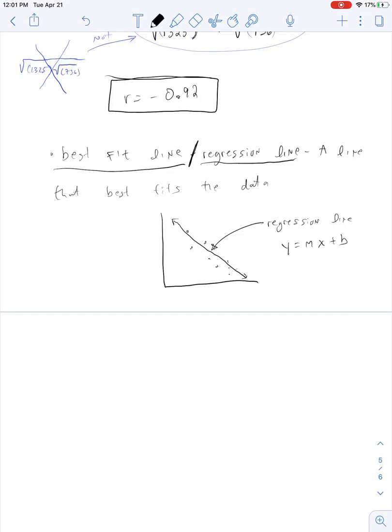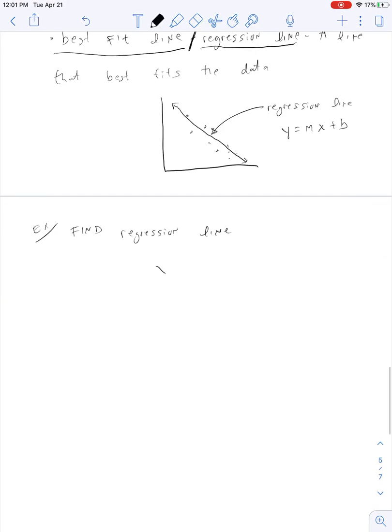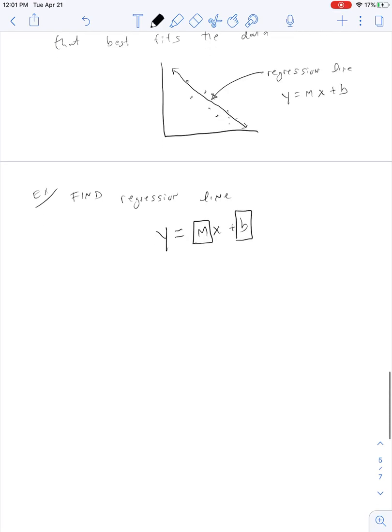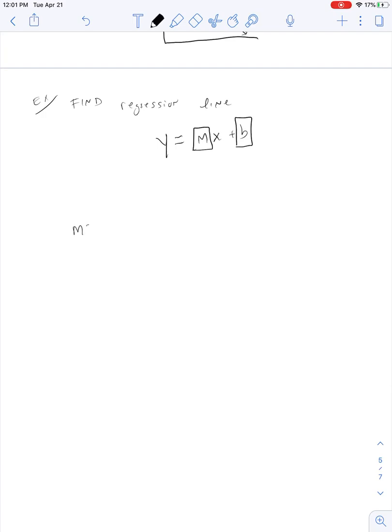And that's what we're going to do next. We want to find our regression line. So we want to find something in this form, which means we need to find M and we need to find B. So we have two formulas.